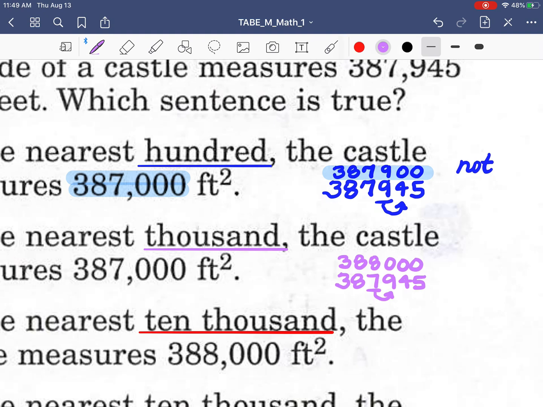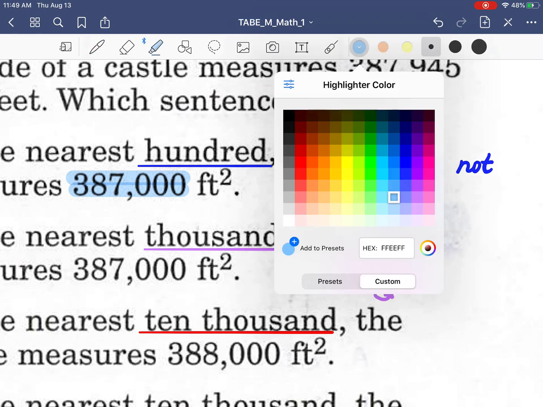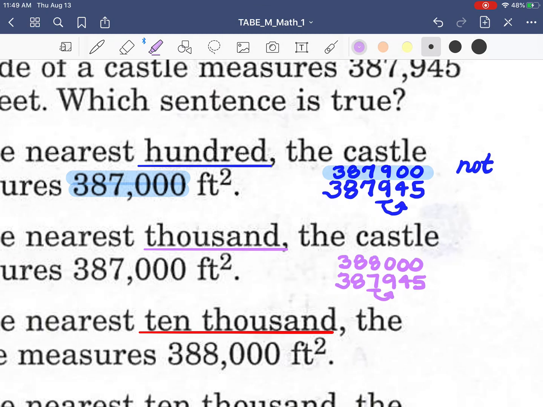Okay, so we are going to compare this number to that number. Do they match? No. That's not the answer we're looking for.